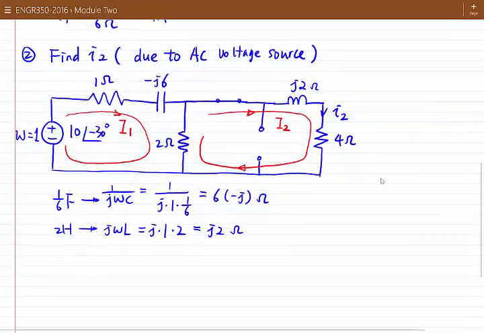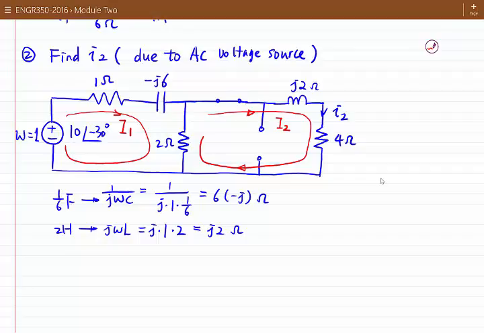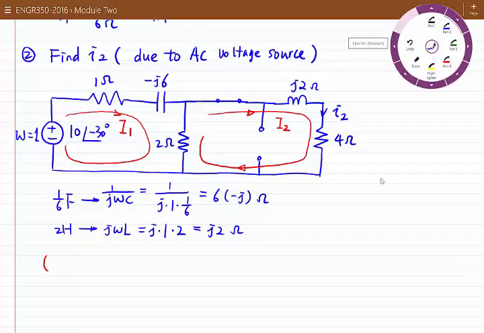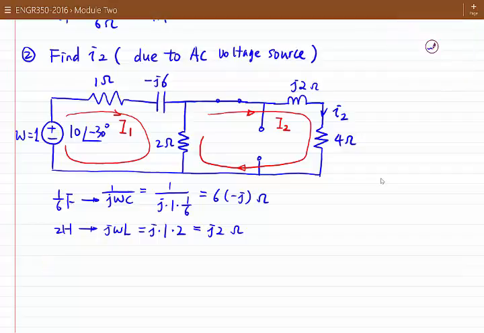Okay, so let's first write the KVL for mesh 1. When we write mesh analysis, the first equation is based on mesh 1. The first term is the sum of total impedance in mesh 1. The sum of the total impedance gives us 1 plus 2 ohm minus j6 ohm.